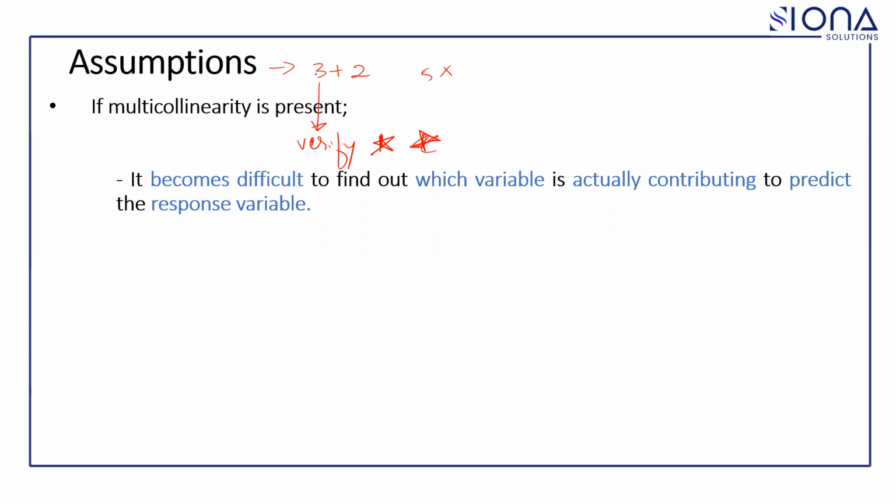And if these are verified, these other two are automatically satisfied. Okay, these two are not very important, but to have an understanding of what these are, let us understand them.